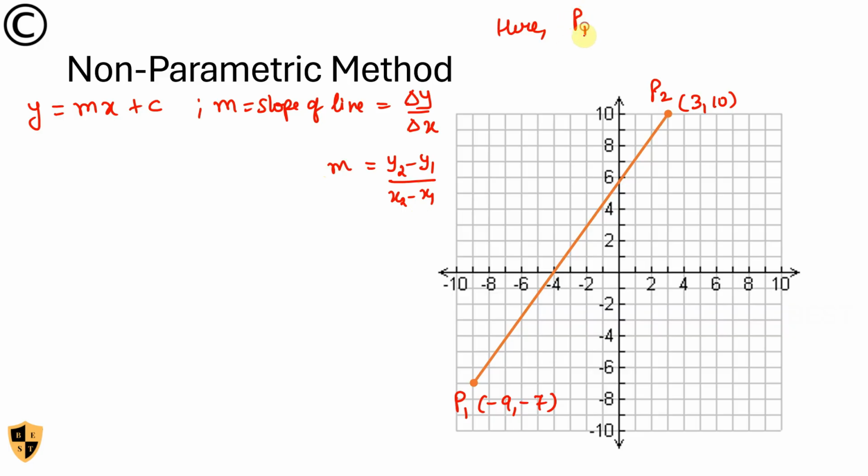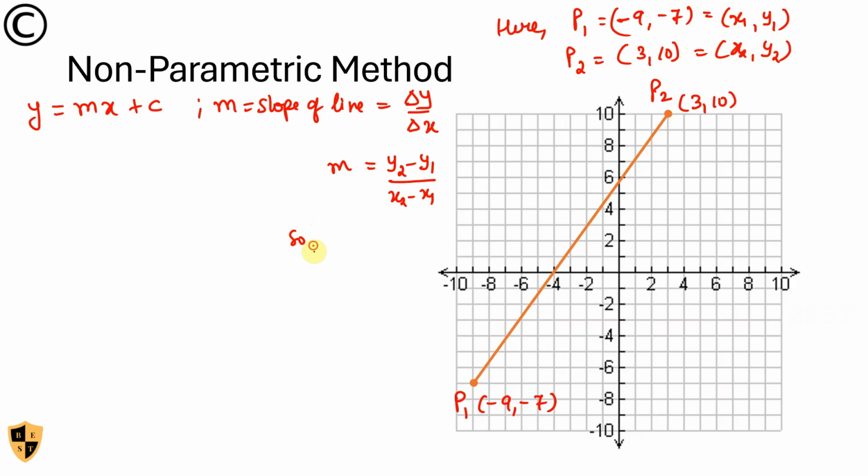We have p1 equal to -9 comma -7, which is x1 comma y1, and p2 as 3 comma 10, which is x2 comma y2.